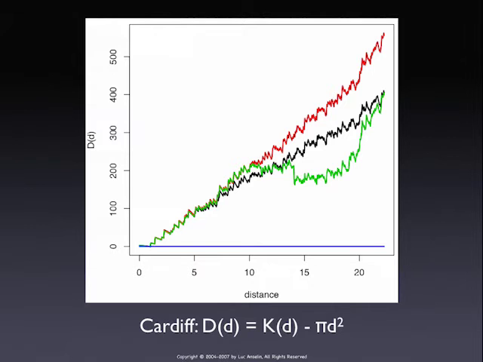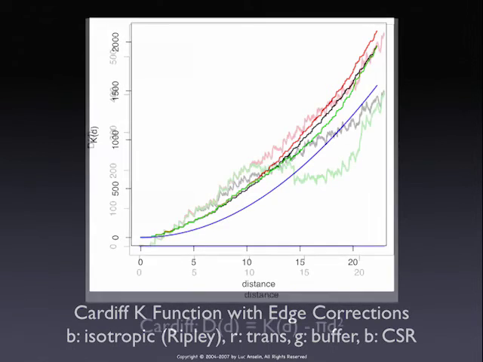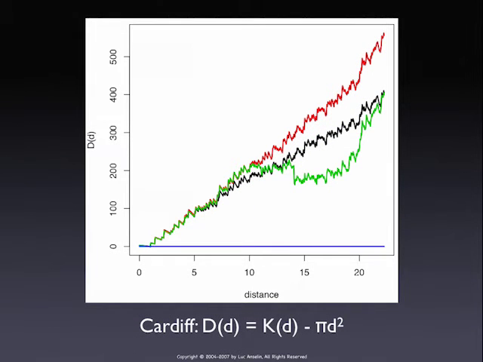So if we go back to the previous slide, you can take this blue line here and subtract it from here. The result is that the blue line will become horizontal, and these are the differences between the K function and the blue line. Okay, so this, again, same thing, same edge corrections.